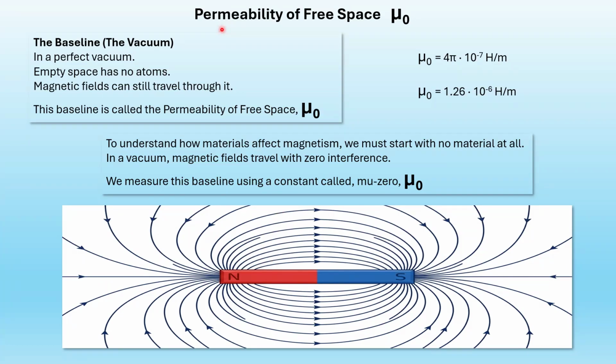What is the baseline and what is the unit for permeability? Well, we have to have some sort of common ground, like a baseline. What do we have as a baseline for our electronic or electrical instrumentation or systems or circuits? Well, we do have ground.